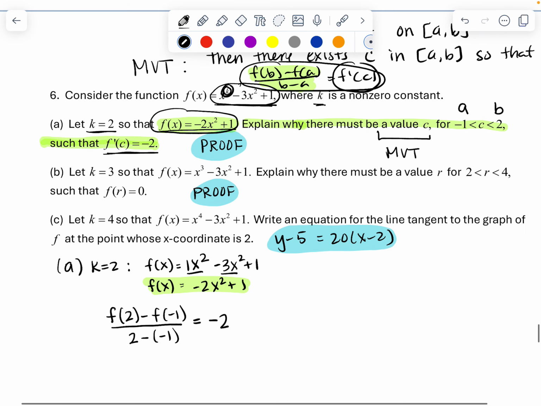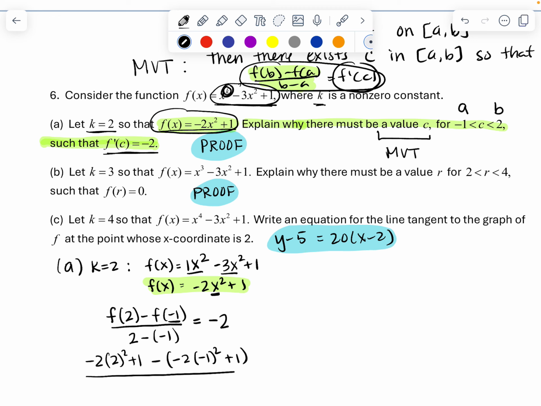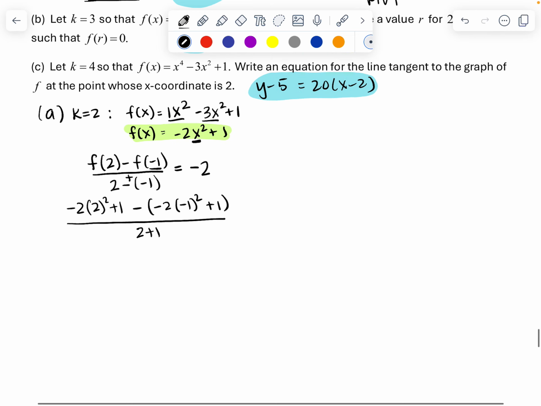What is f of 2? If I plug 2 in here, I get negative 2 times 2 squared plus 1. Then minus, if I plug negative 1 in, negative 2 times negative 1 squared plus 1. All over 2 plus 1, since two negatives make a positive.